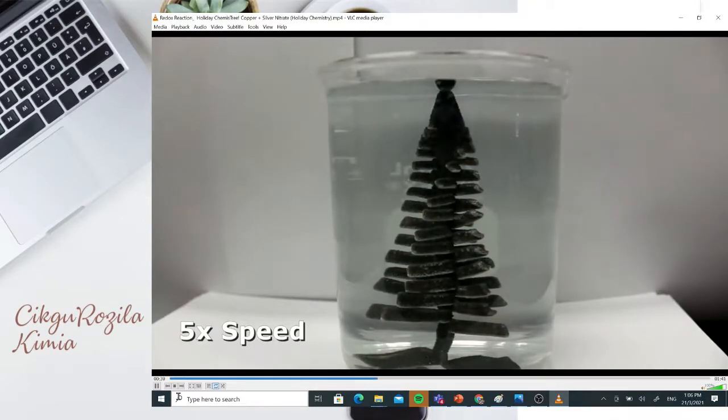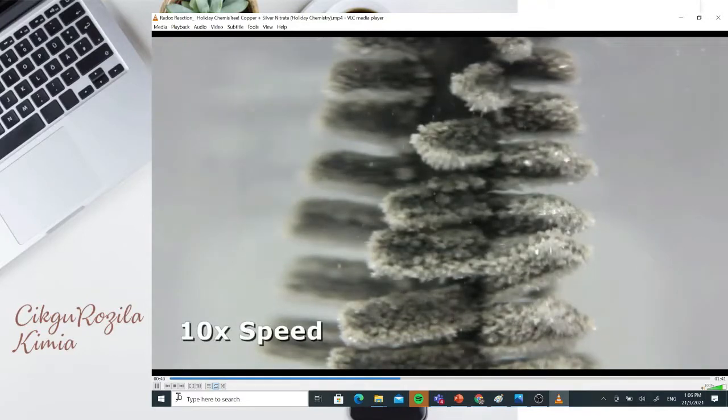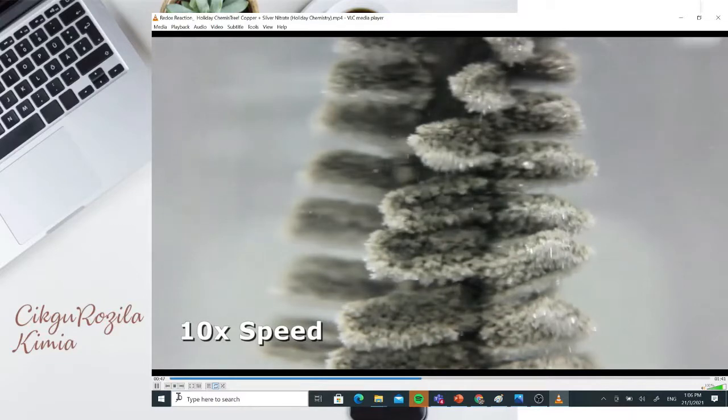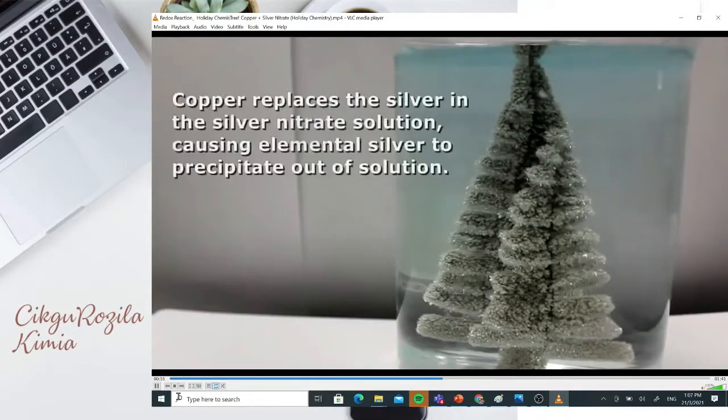It is actually the reaction occur where silver ions receive electrons to form silver atom. The gray solid deposited on the surface of copper strip is actually silver atom.